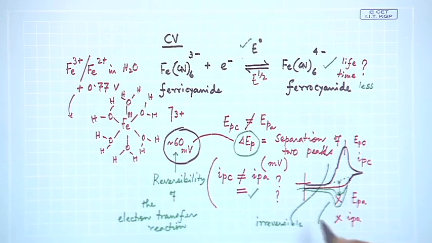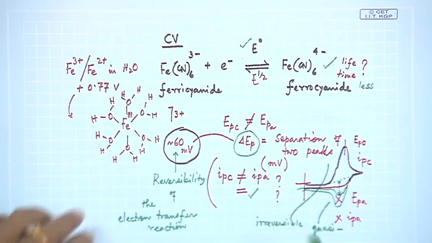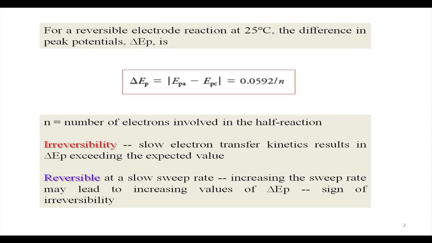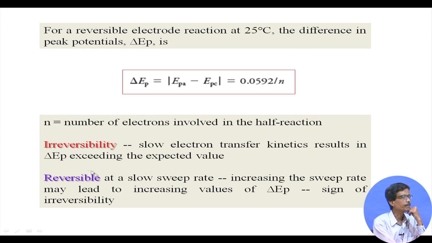These are all quasi reversible processes. So, we have the reversible process, the quasi reversible process, and the typical irreversible process. That is how we find a cyclic voltammogram having a reversible signature and an irreversible signature.